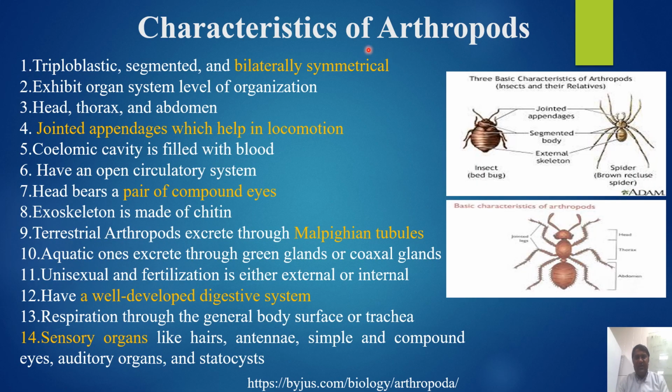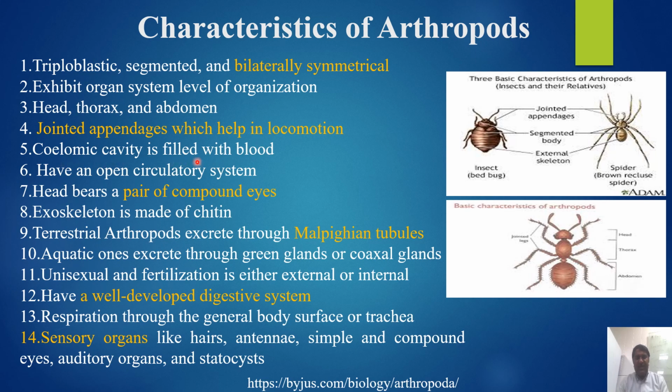So the main characteristics of the arthropods: they are triploblastic, segmented, and bilaterally symmetrical, exhibit organ system level of organization, with head, thorax, and abdomen. They have jointed appendages which help in locomotion.